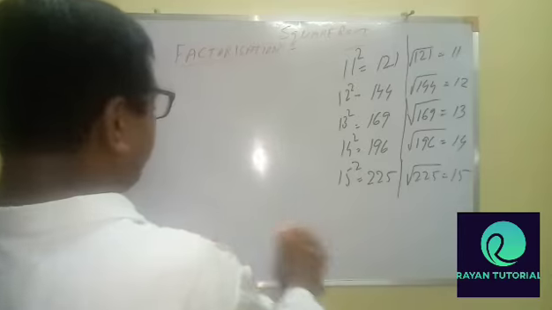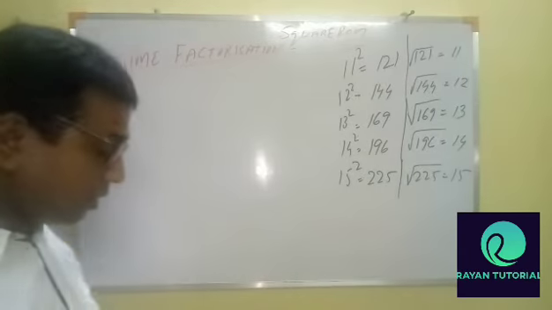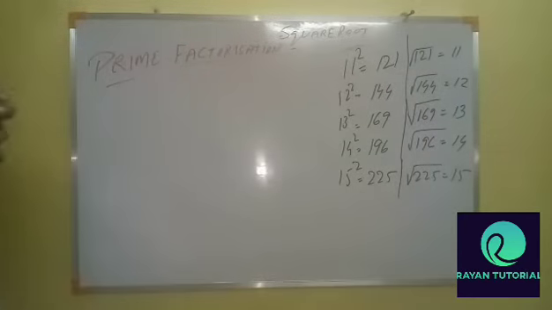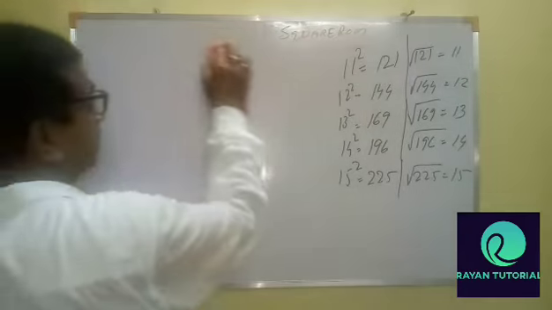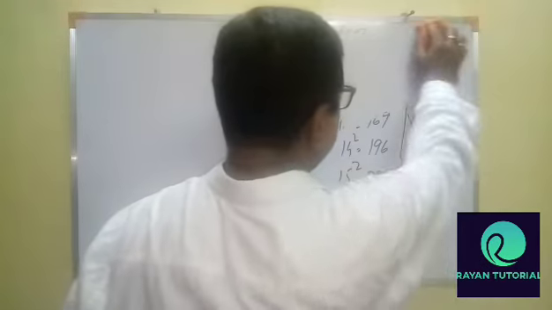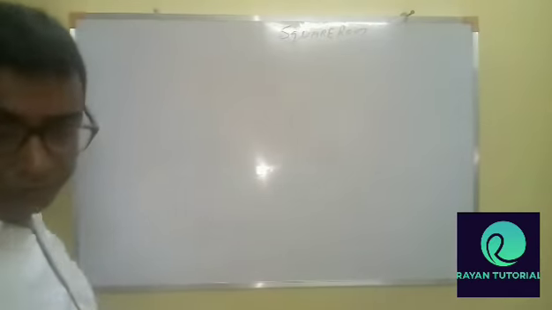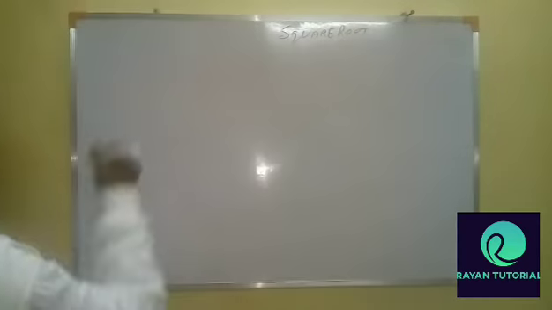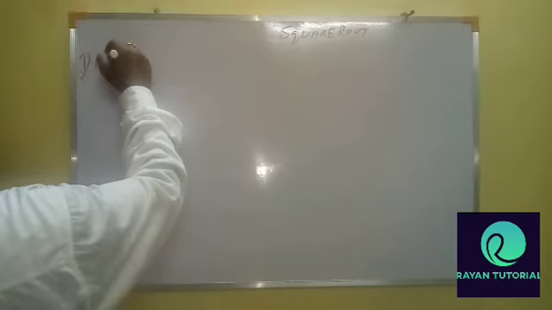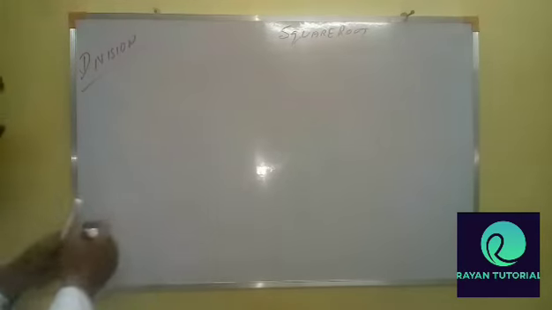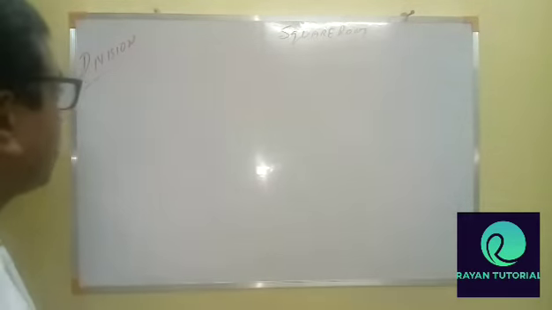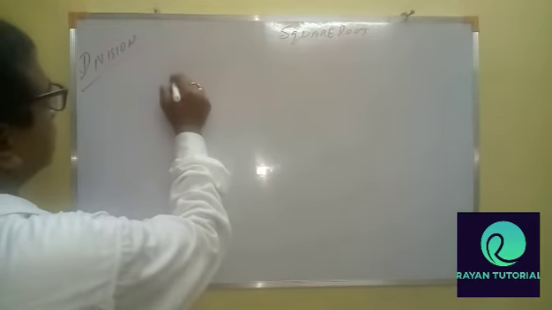Now, this square root can be found in one more way. That is called the division method. The number was 5929, right?